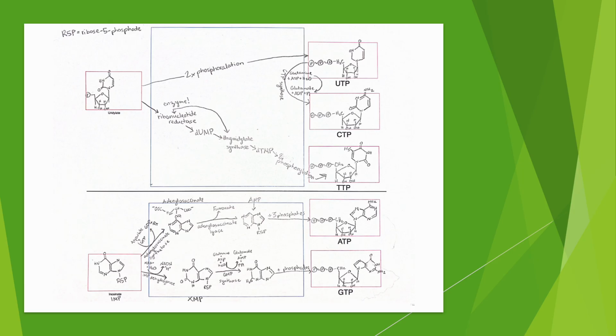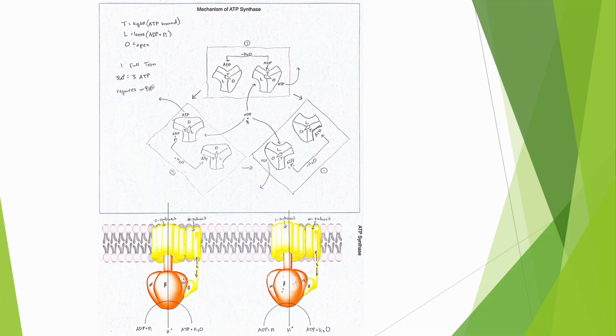The uridylate can be converted into UTP, CTP, and TTP, as well as inosinate being converted into ATP and GTP, which are vital for DNA replication. I always want to say uridylate as uridylite, but I know that's not really how it's pronounced.